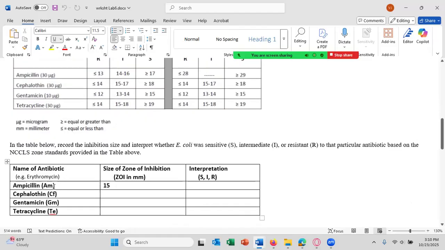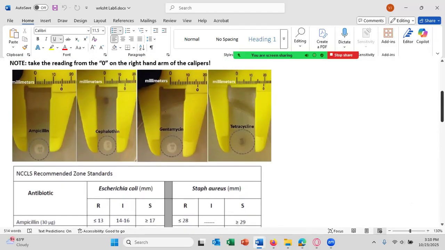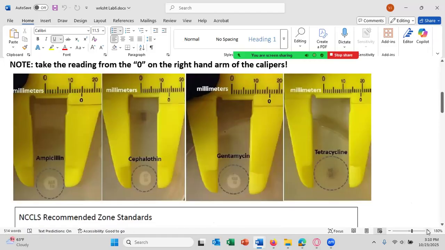So the name of the antibiotic, ampicillin, AM. The zone of inhibition is 15 millimeters, which you can see right here. Let me blow this up so it'll be a little more visible. So that's the zone of inhibition there.